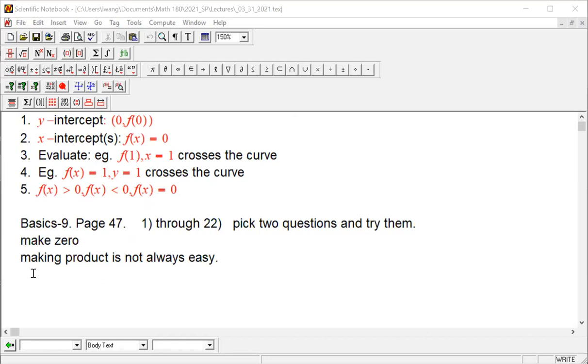Now let's look at basic 9. Look at these questions. I'm going to pick number 7 for you. Could you try number 7? 2x squared plus x greater than or equal to 1.